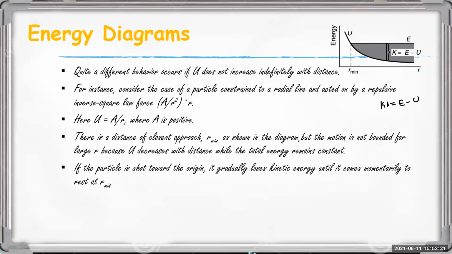If the particle moves towards the origin, it gradually loses its kinetic energy until it comes to rest at r minimum.